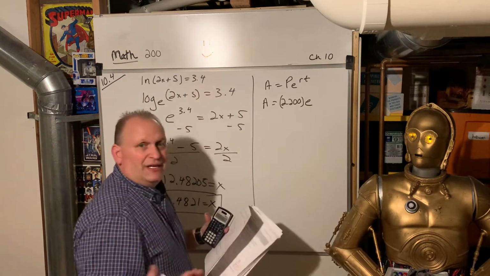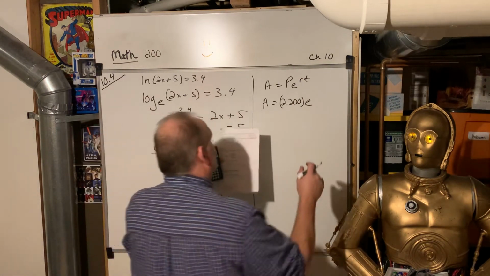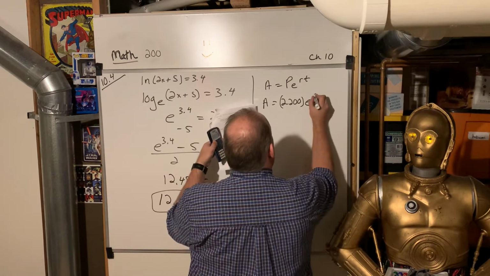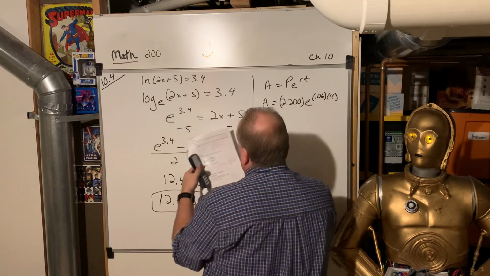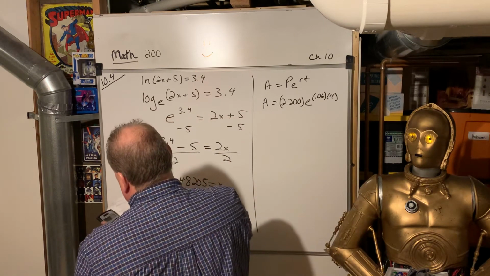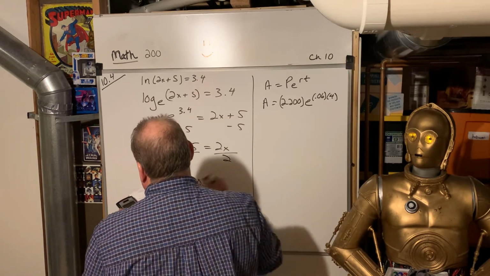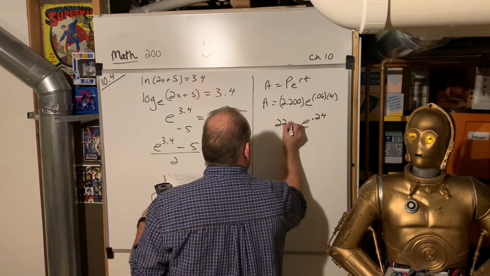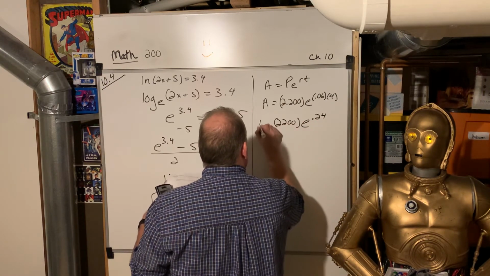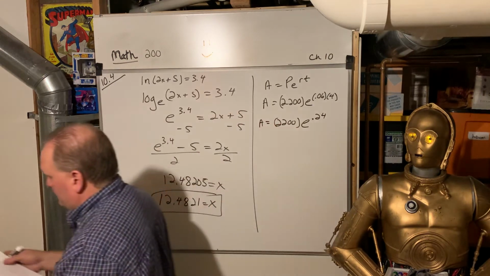It's a non-terminating, non-repeating decimal. It's an irrational number. And then 0.06 is the rate, and 4 is the years. So we'll do 4 times 0.06 before we enter it in. So it's 2200 times e to the 0.24, and I'll show you how to kick that into your calculator quick.